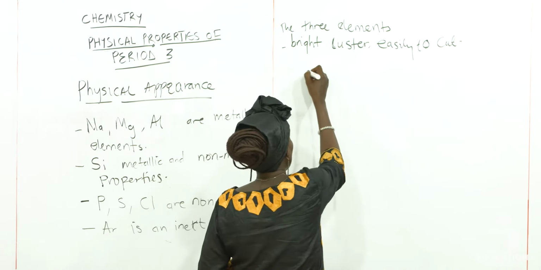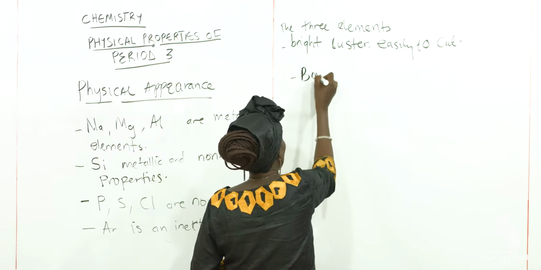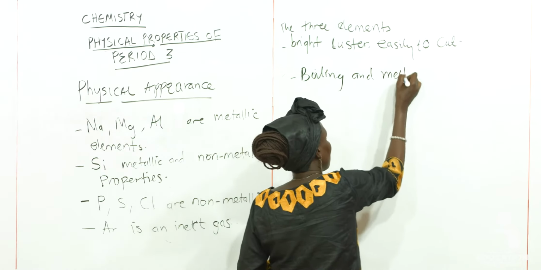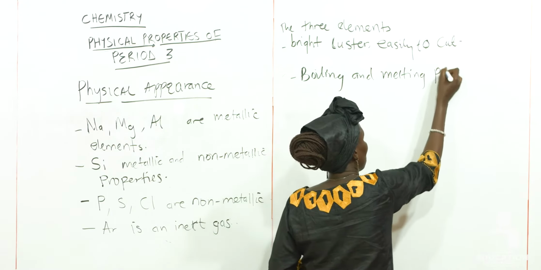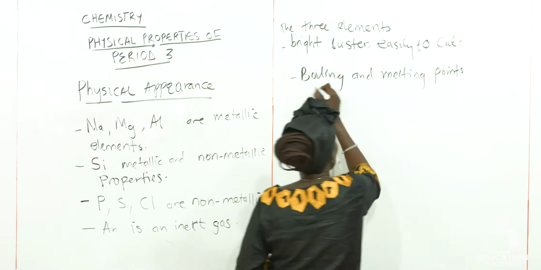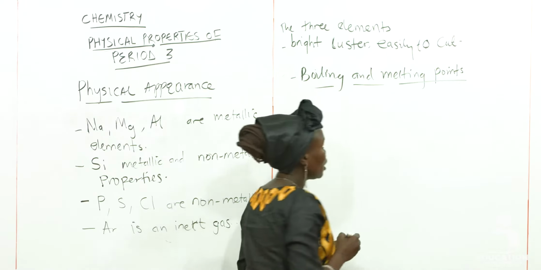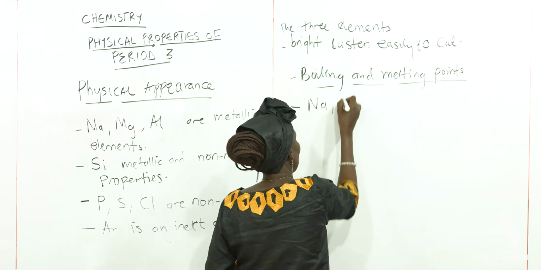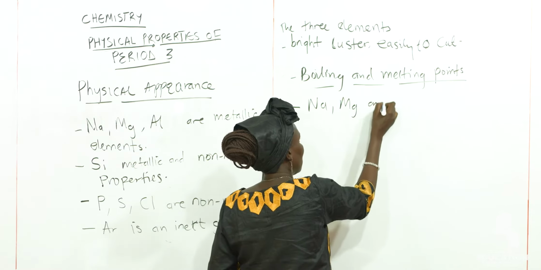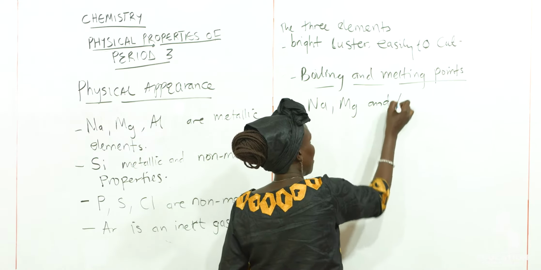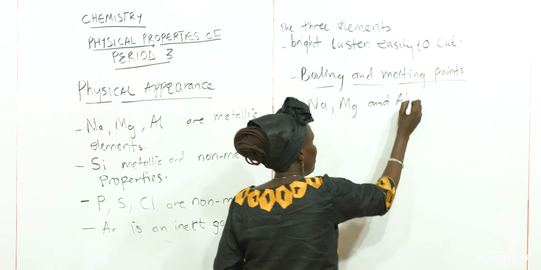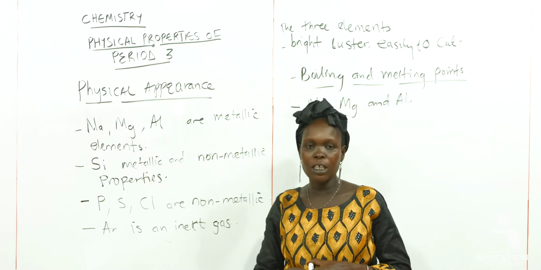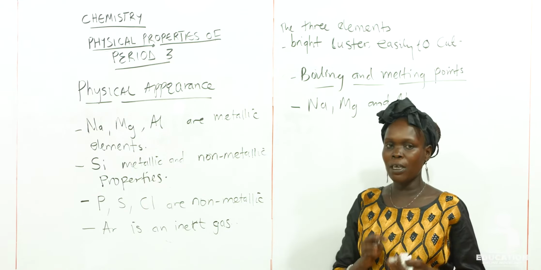So the first elements are metallic and have a giant structure, which means their structure is very strong.